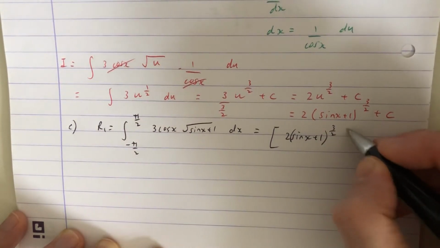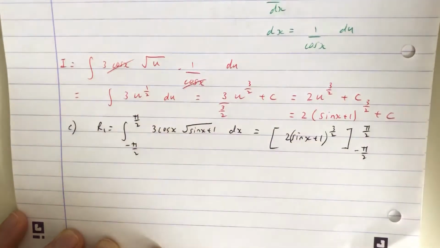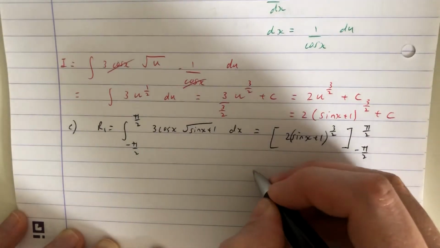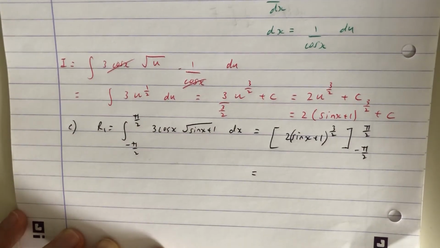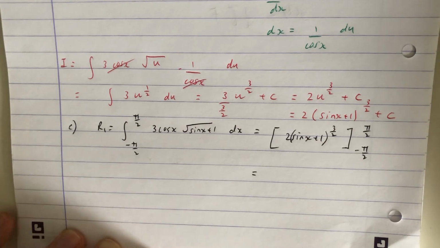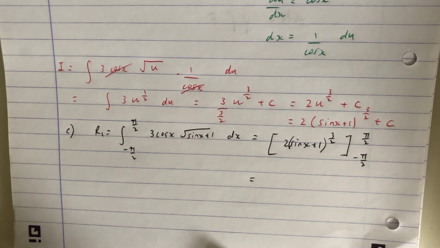You don't need the plus c because they will cancel. And then if you substitute that into your calculator, it will probably give it to you as a decimal rather than as a surd, because it looks like we want a square root.